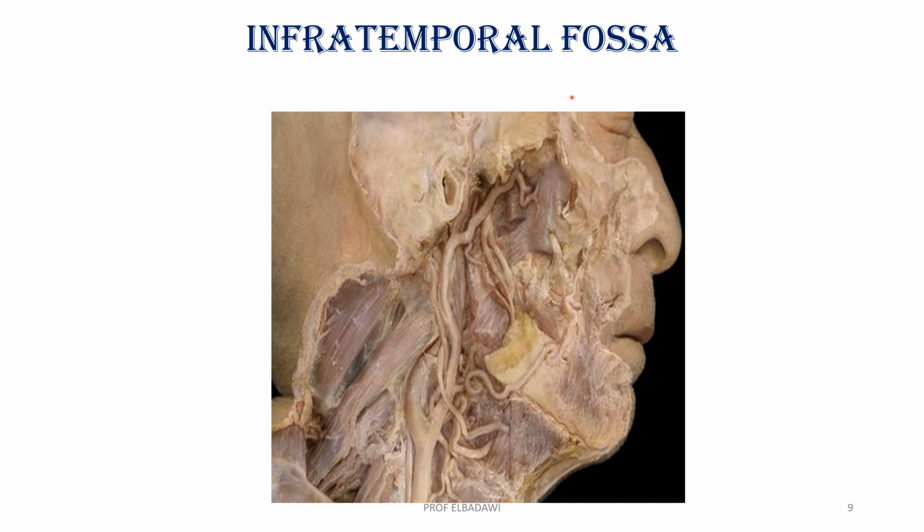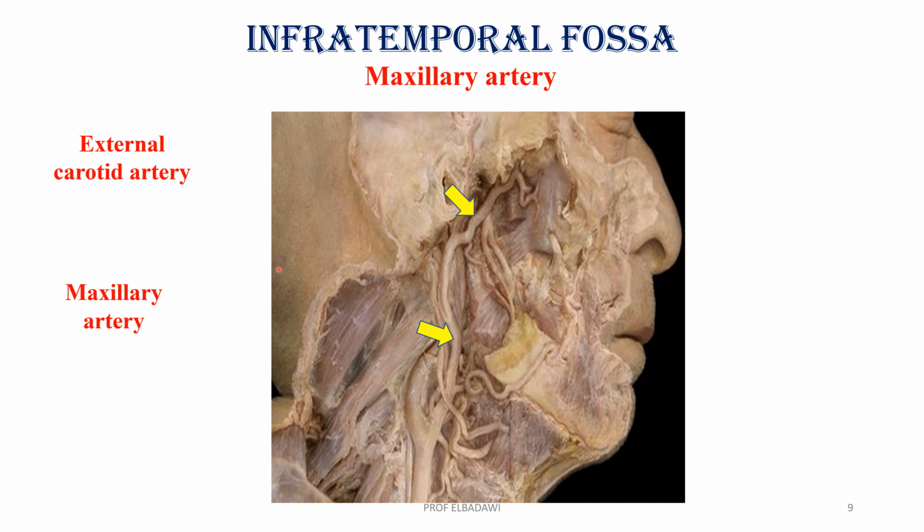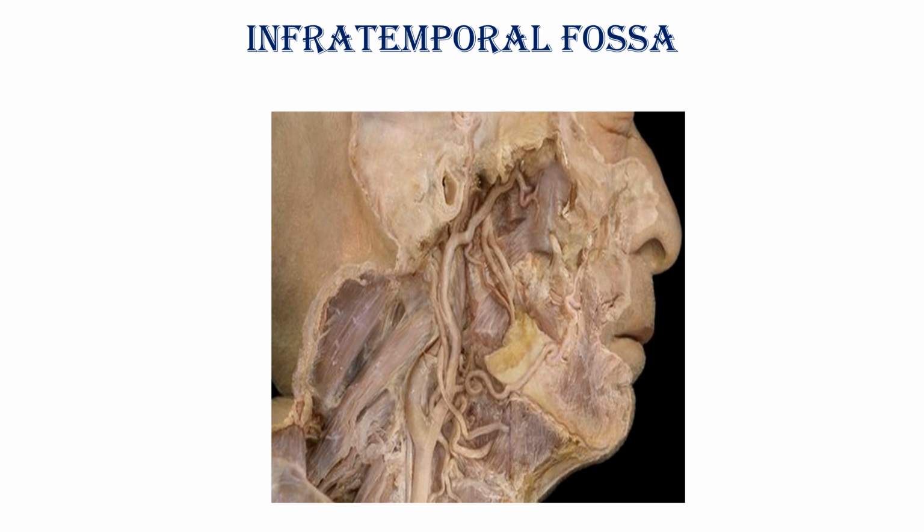What we can see here is the maxillary artery, which we are going to describe. That is the external carotid, where it divides into maxillary and superficial temporal. So that is the external carotid, that is the maxillary, that is the medial pterygoid, as we have seen before, that is the mandibular nerve.